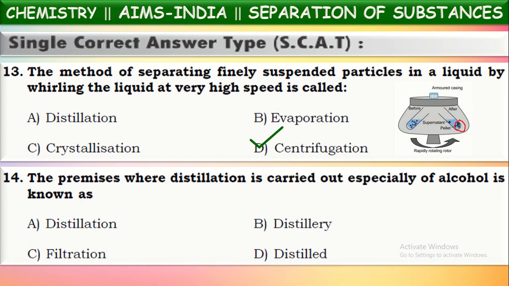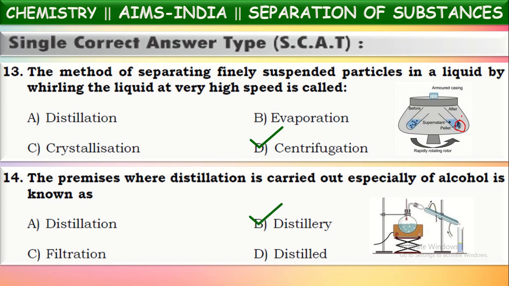Okay, next, the premises where distillation is carried out, especially of alcohol, is known as. Yes, we told that the premises where distillation is carried out is called a distillery. This complete equipment or machinery where this distillation process is going on is called a distillery.